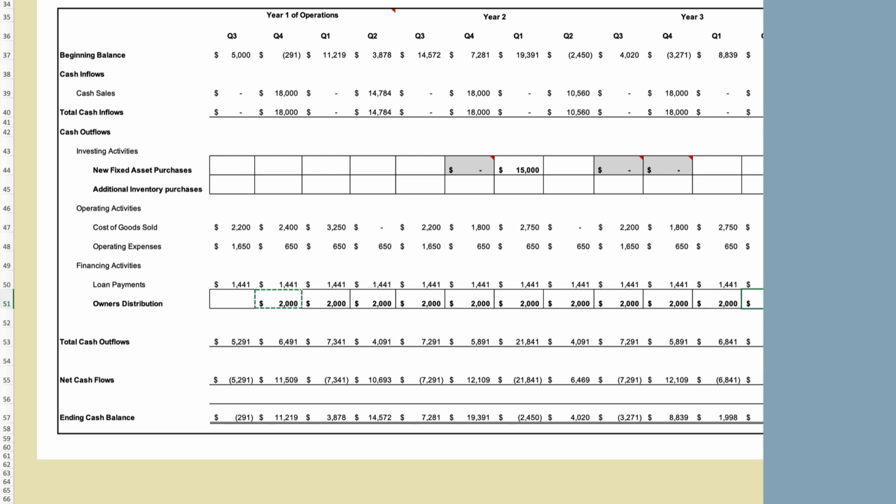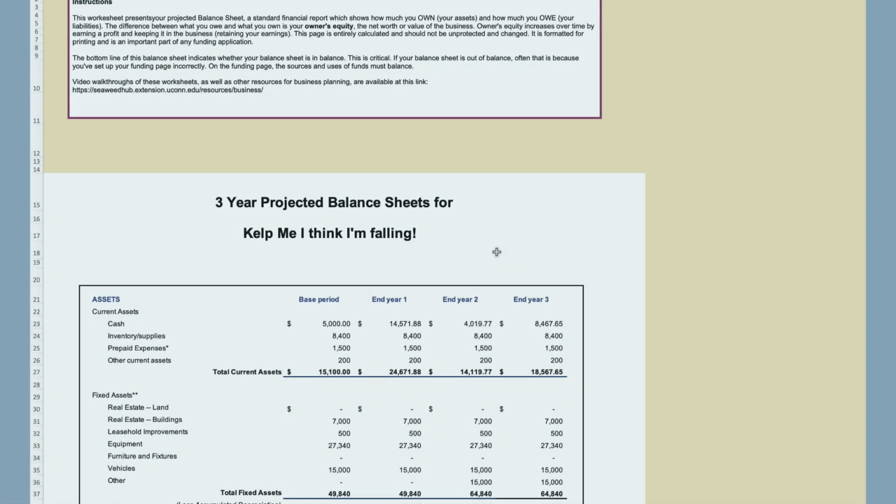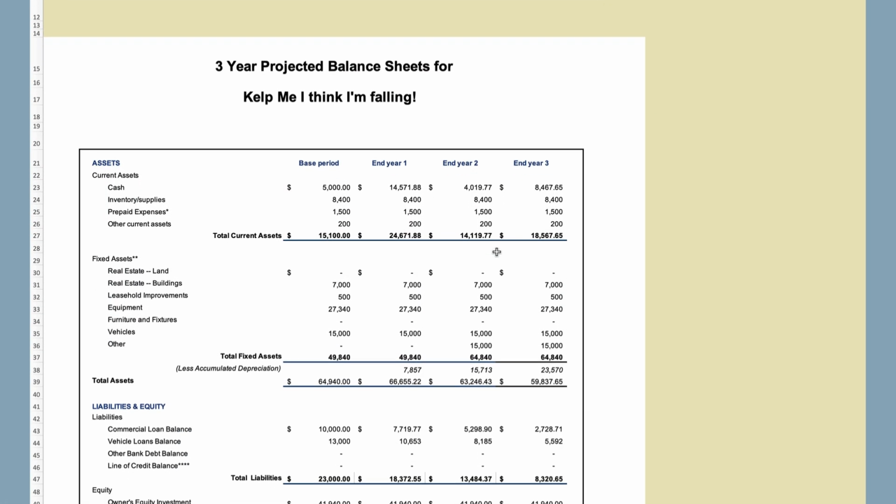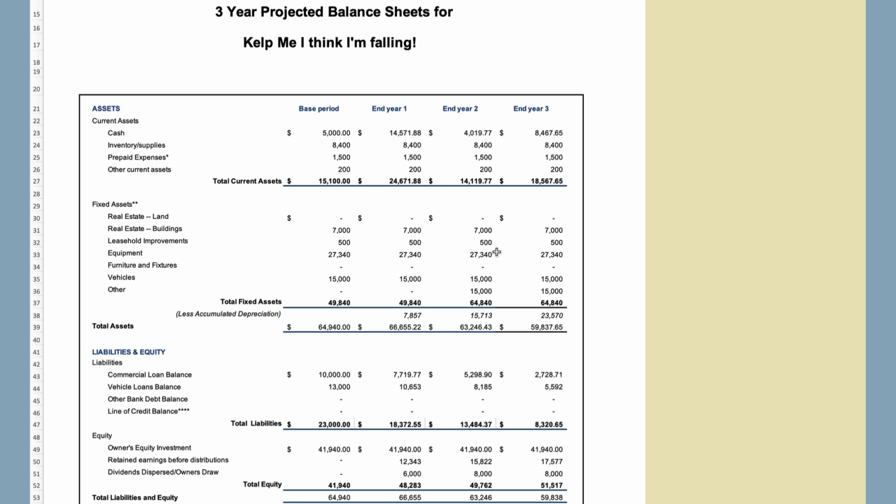So the balance sheet is sort of a snapshot in time. It tells you the value of what you own, your assets. So all of your cash, your equipment, your vehicles, any real estate that you have.